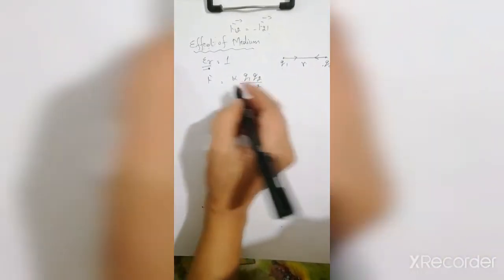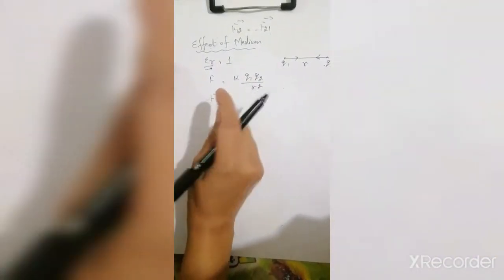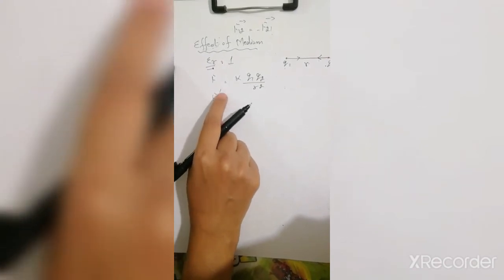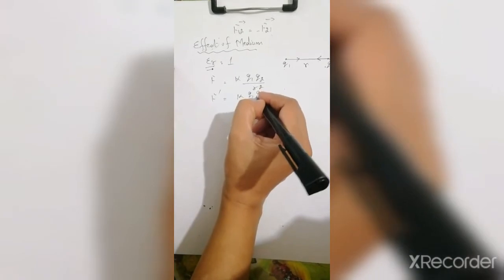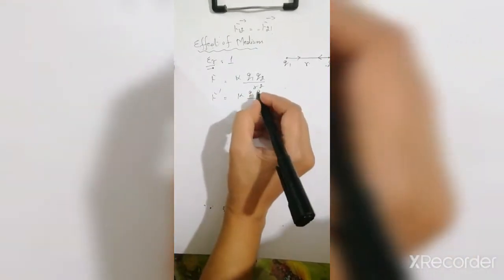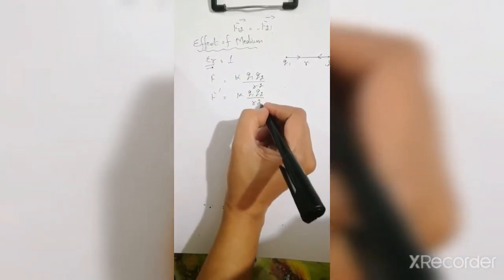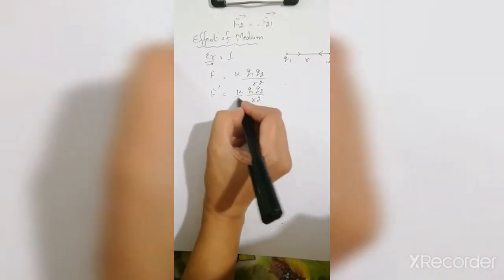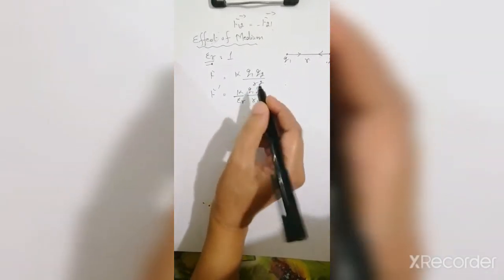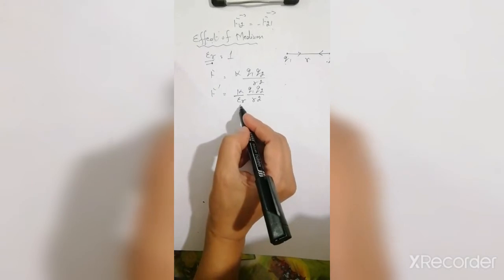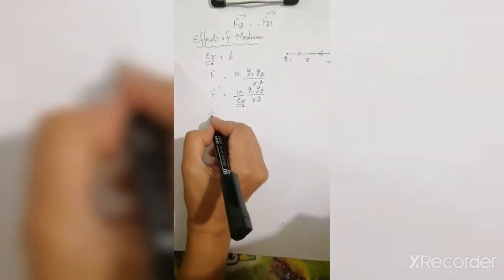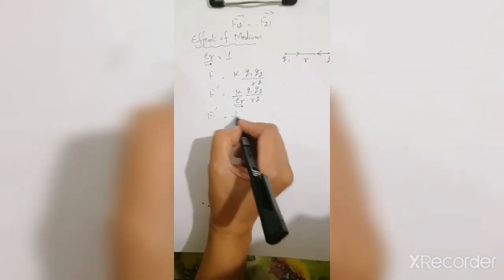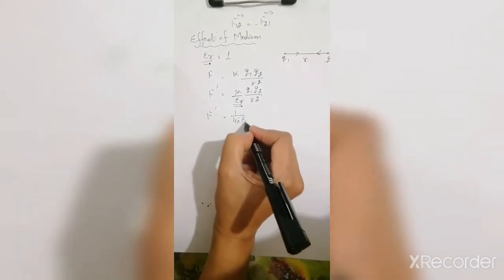That gives Coulomb's law. Then the decreased force is represented by the letter F prime over the force: F = k q1 q2 divided by r square, and F prime = k q1 q2 divided by epsilon r r square. The decrease depends on this factor. Now we split the value of k, which is equal to 1 over 4 pi epsilon naught.